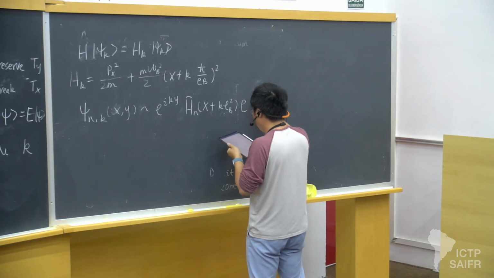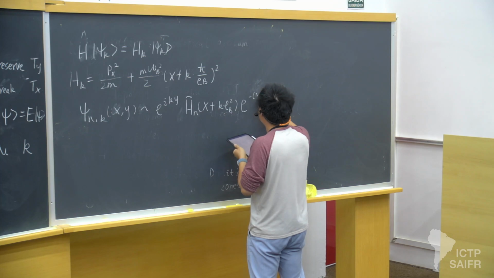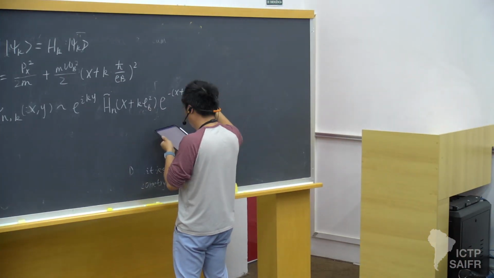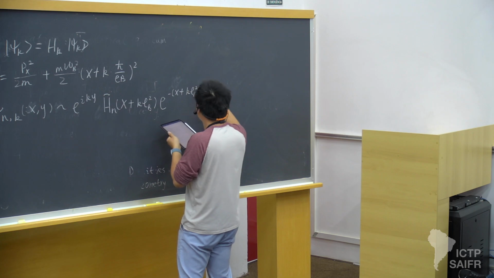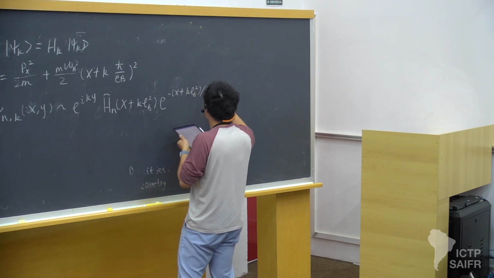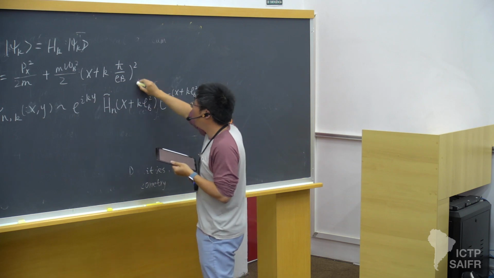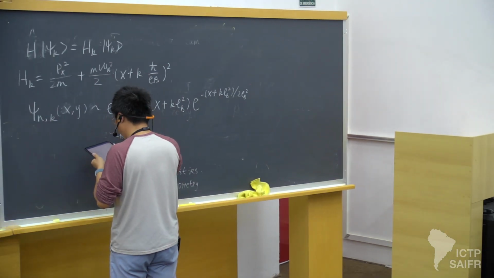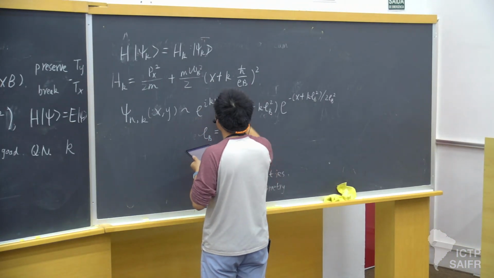And that is my solution. And here l_B is what we usually call the magnetic length, which is really just this.